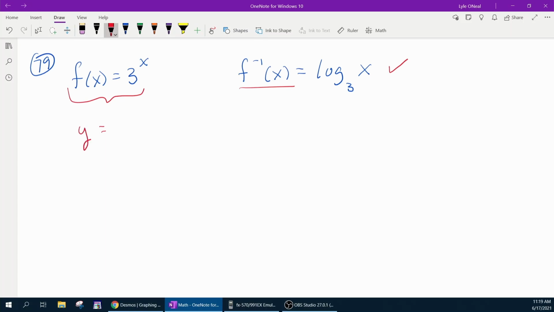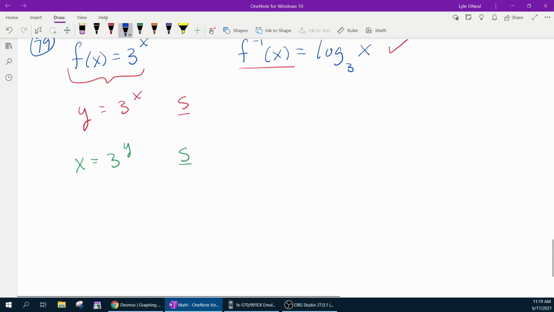So that's going to say y is 3 to the x. That is the first s, which is substitute. The next s is switch, which means every y becomes x and every x becomes y. Okay, so that is the switch, the second s of the finding the inverse technique.